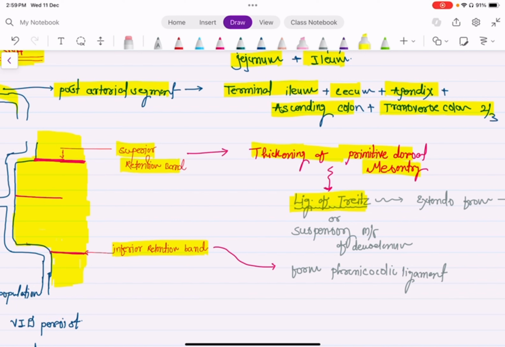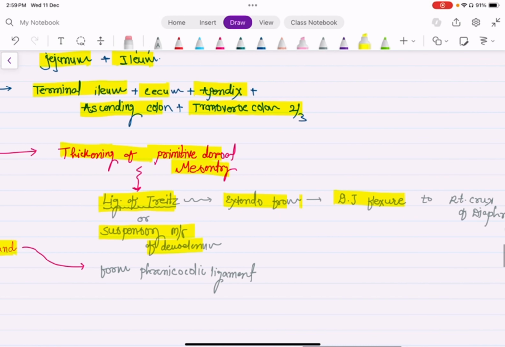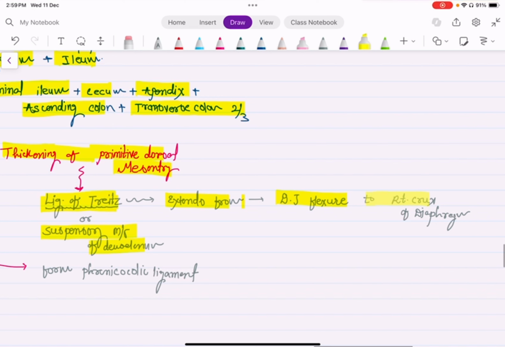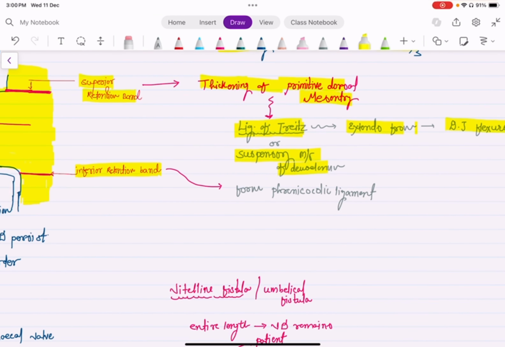The ligament of Treitz, or suspensory muscle of the duodenum, extends from the duodenojejunal flexure to the right crus of the diaphragm. Now, the inferior retention band also occurs due to thickening of the primitive dorsal mesentery and forms the phrenicocolic ligament.